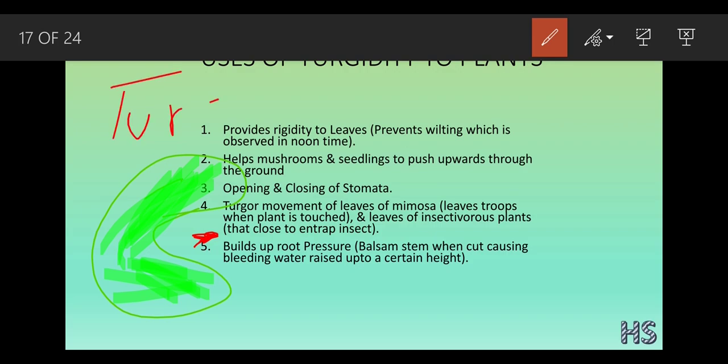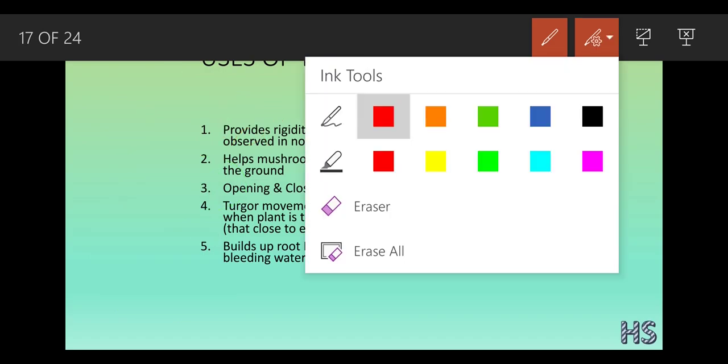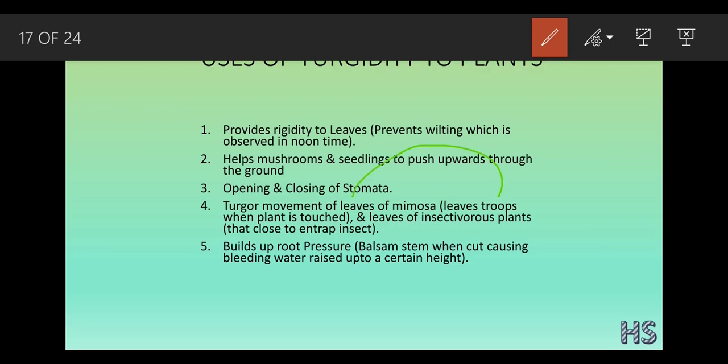This part is said to be fully turgid, okay, but when this insect comes in the Venus flytrap, they close the leaves and digest this insect like this.